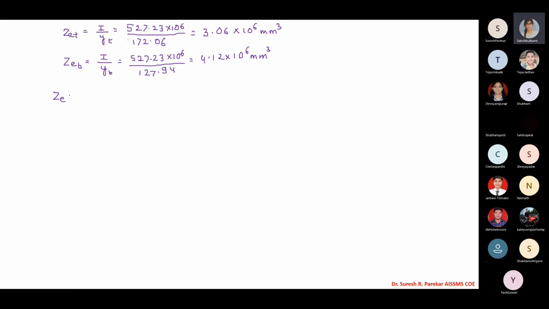Yes, minimum. So ZE is minimum of the two.